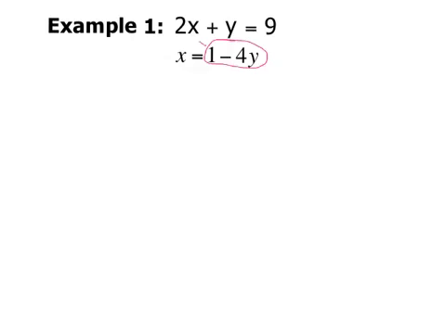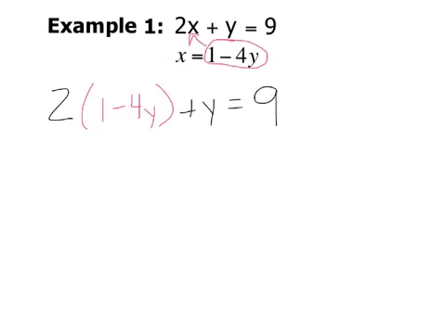So I take this and I plug it in for x. Anytime I plug something in, I always make sure to use parentheses. So I'm just recopying the top equation, so I have 2. In place of x, I'm going to put in what I just had, 1 minus 4y. And then I just finished copying the problem. Plus y equals 9. So all I did was rewrite that problem, but in place of x, I put in what x equaled, 1 minus 4y.